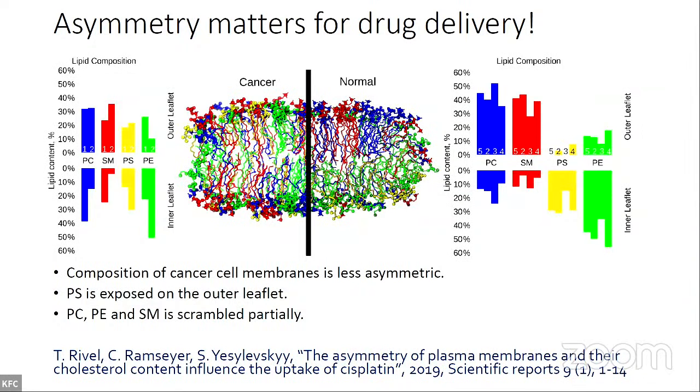Now, if you work with cancer cells, the distribution is like this. There are only two papers which can be compared, but it's quite evident that this asymmetric distribution is pretty much scrambled. Everything is equalized, and the distribution is almost identical outside and inside. So these are two model systems, normal membrane and cancer membrane.